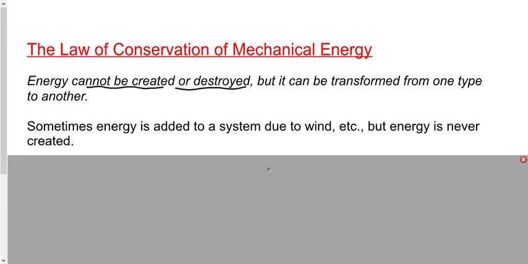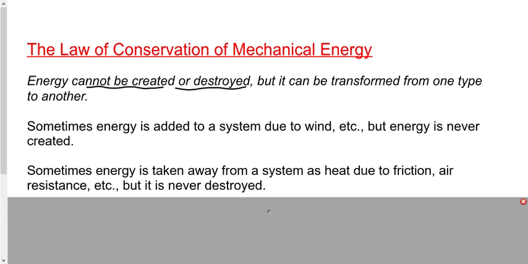Wind might cause something to speed up and make it appear as if energy has been created, but it hasn't been created. It's just that we maybe didn't account for the wind. Similarly, sometimes it may look like energy is destroyed.